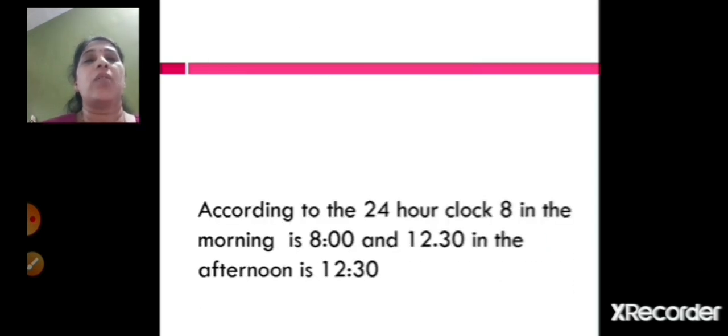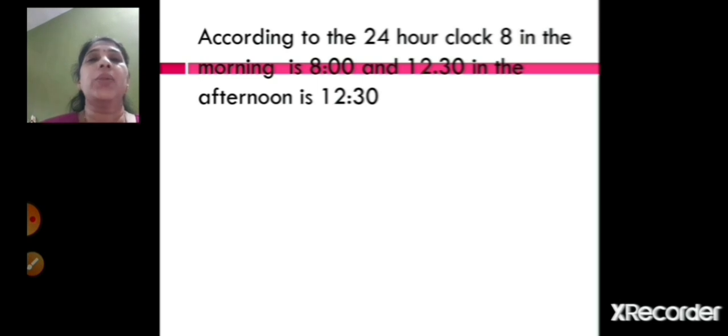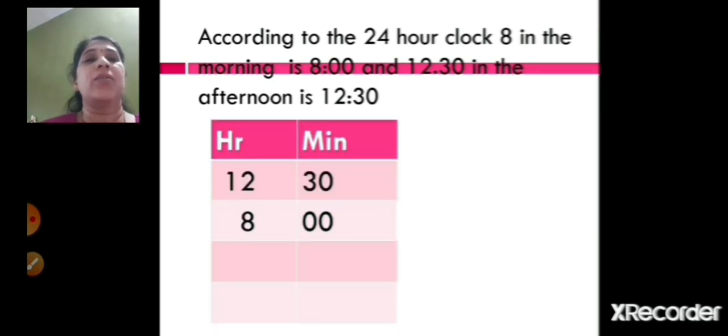First, according to the 24-hour clock, 8 in the morning means 8, right? And 12:30 in the afternoon will remain as 12:30. Again, hours and minutes. So we have written 12 in hours and 30 in minutes.